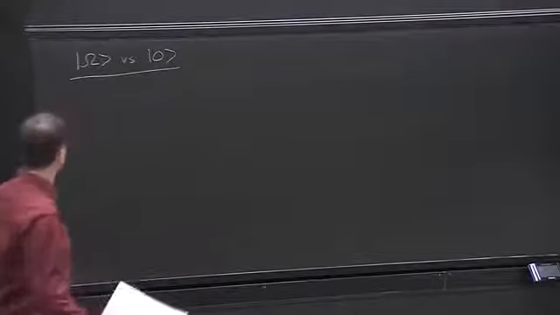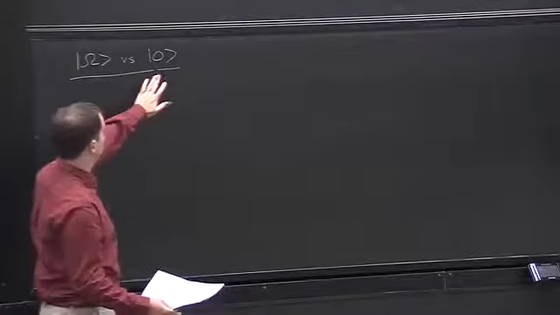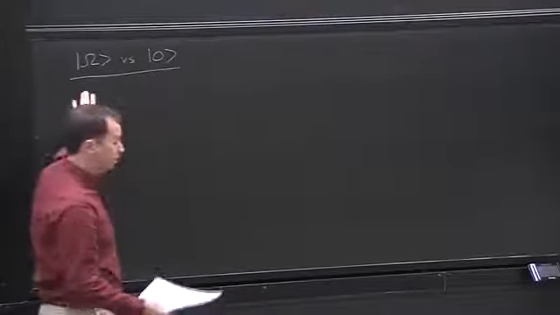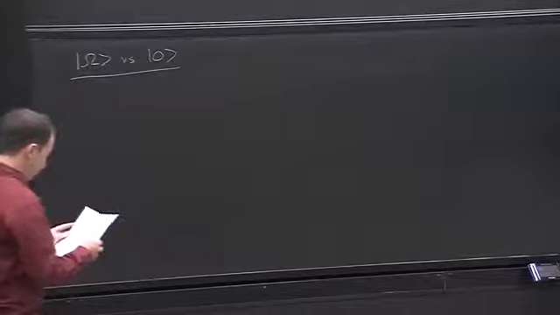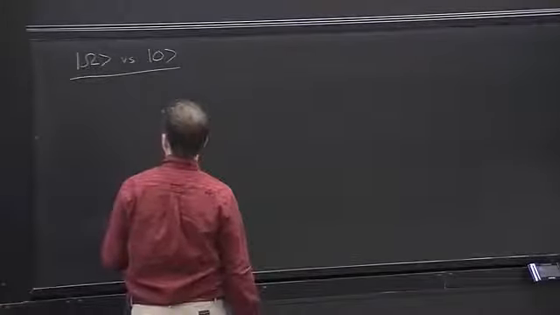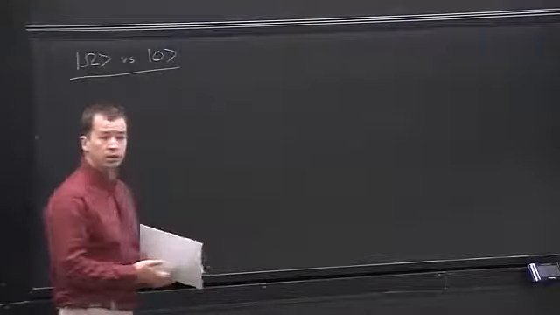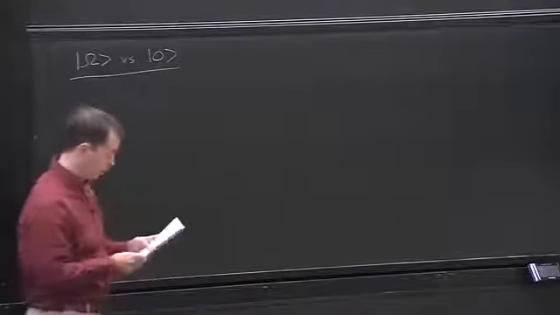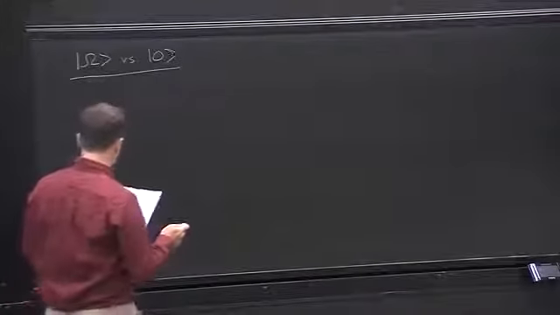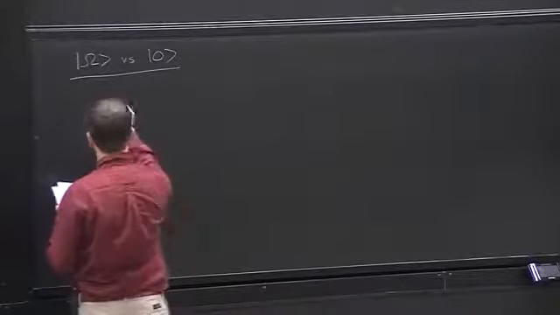Basically the main thing left to do is determine the relationship between these two vacua. So what do we know about the interacting vacuum? Well, the interacting vacuum should be annihilated by the annihilation operators.